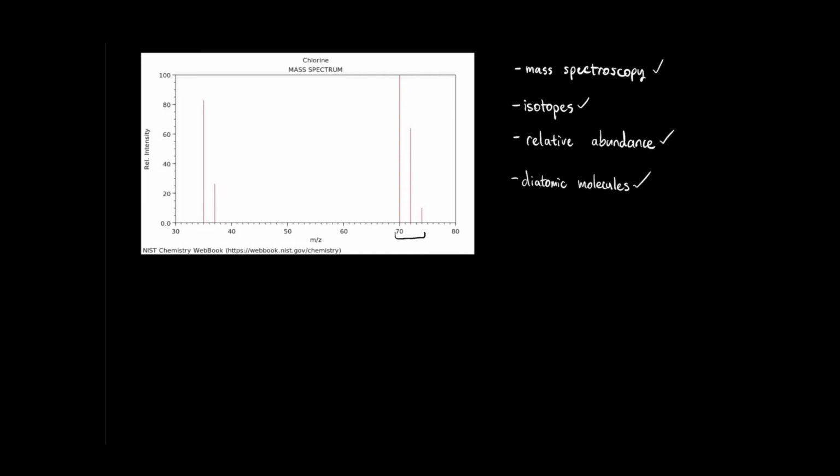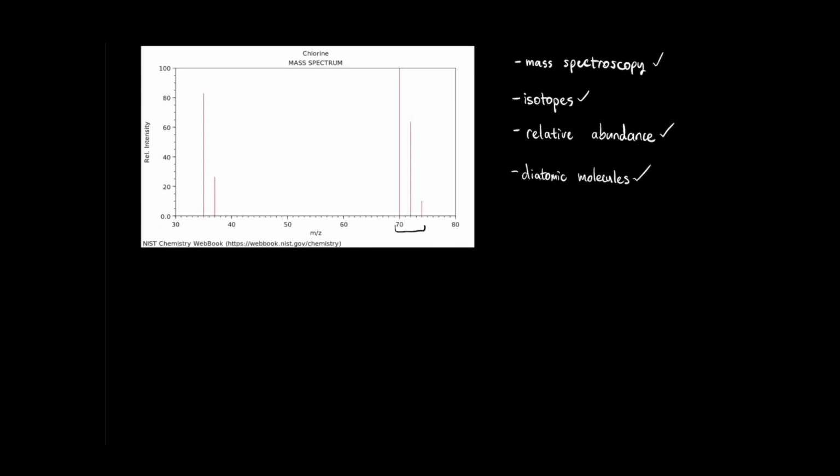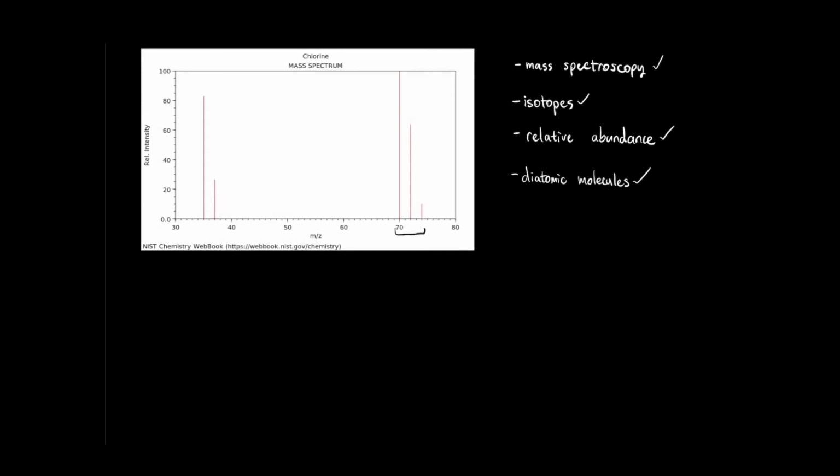When you have a mass spectrometer, what it's actually measuring is the relative density of a stream of chlorine atoms. For example, if we have our mass spectrometer here, it's like a tube almost, with this curving in and this curving in.